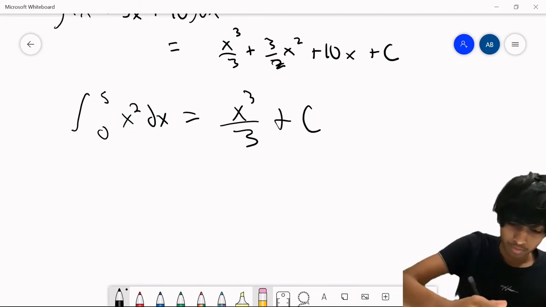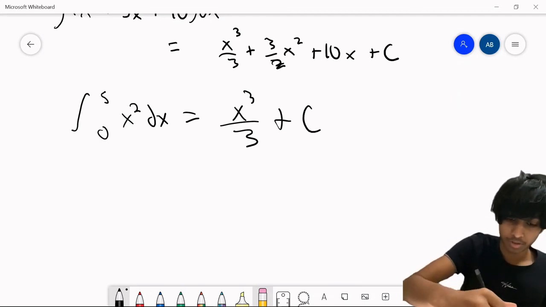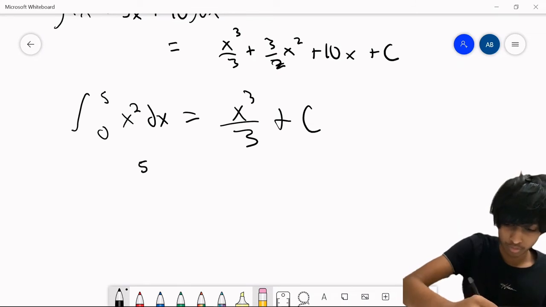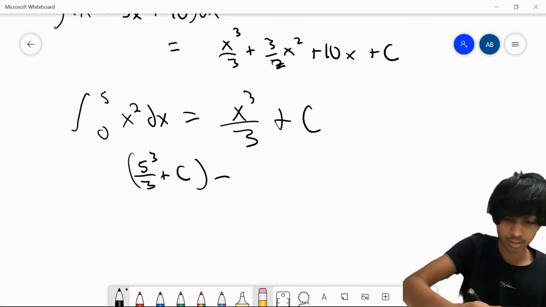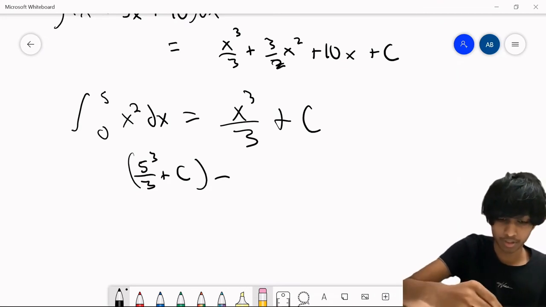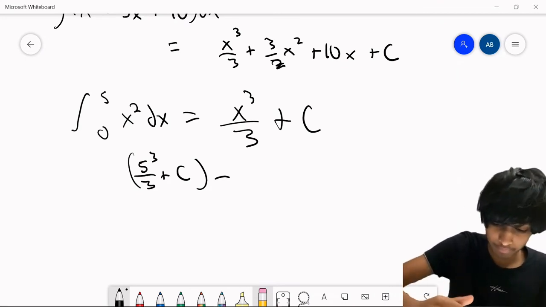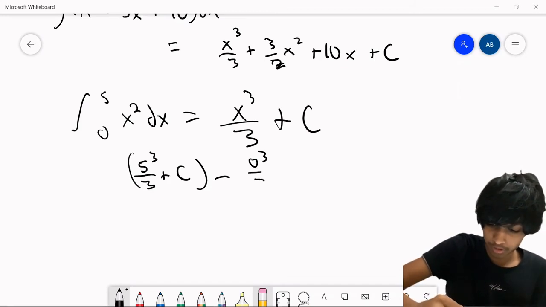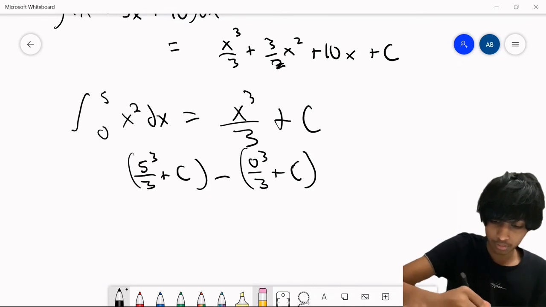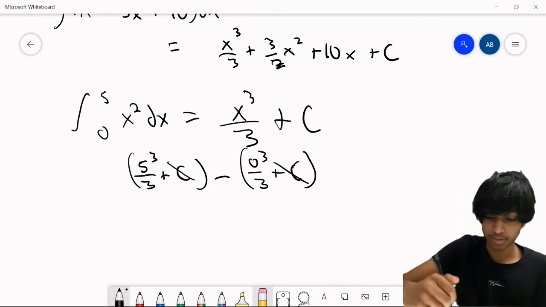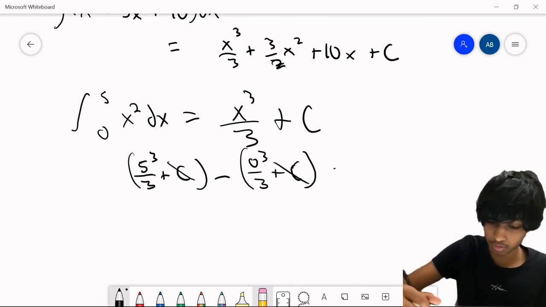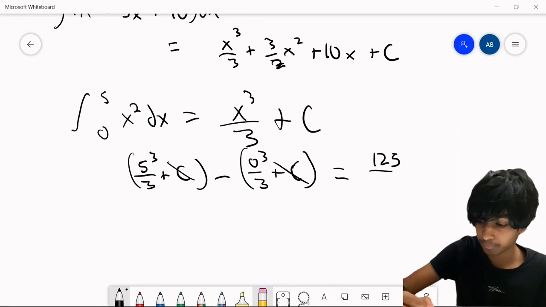So let's plug in 5 and 0. So you do 5 cubed over 3 plus c. And then you would subtract it, because this is the upper bound and this is the lower bound, and we're finding the area between them. So 0 cubed over 3 plus c. And notice how the c's will cancel out in any definite integral. So the final answer would now be 125 over 3.